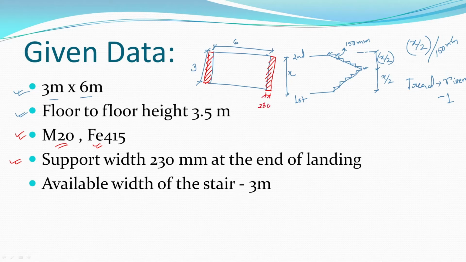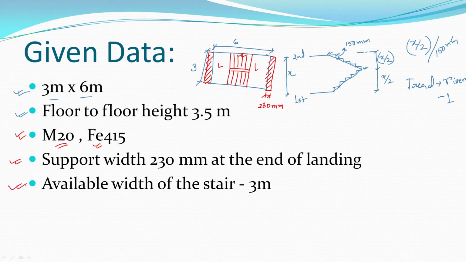That is 230 mm. There are some landing portions, and in between the landings there are steps. So these are the steps, and this is the landing, this is another landing, and this is the support width.